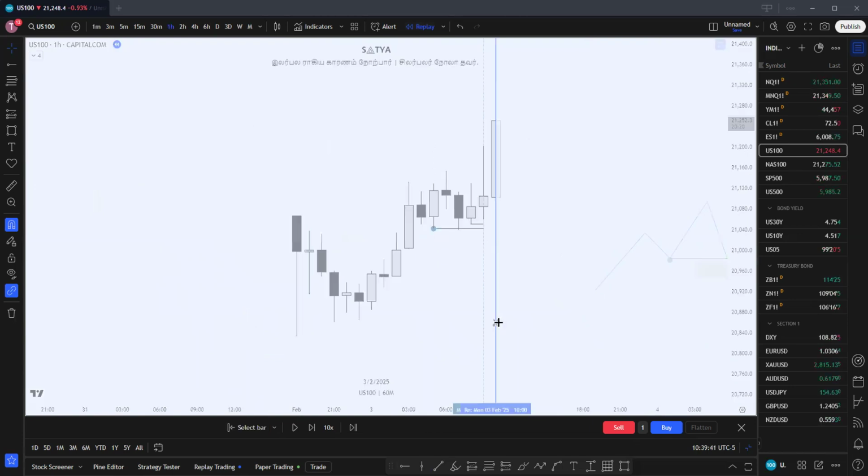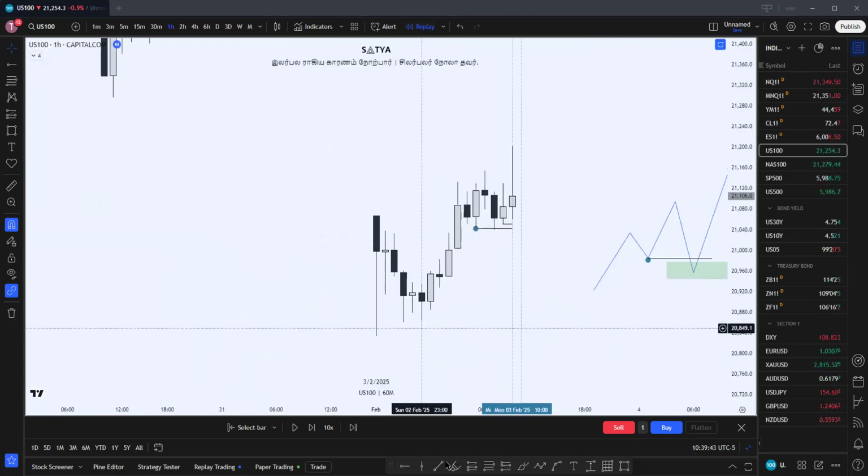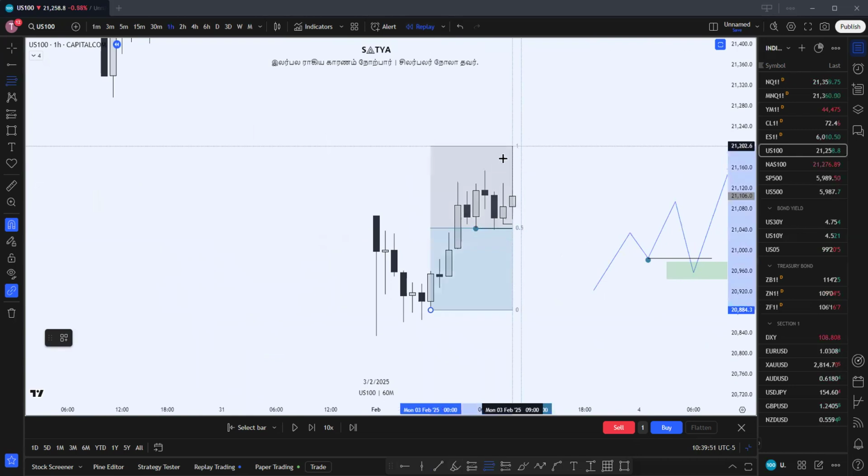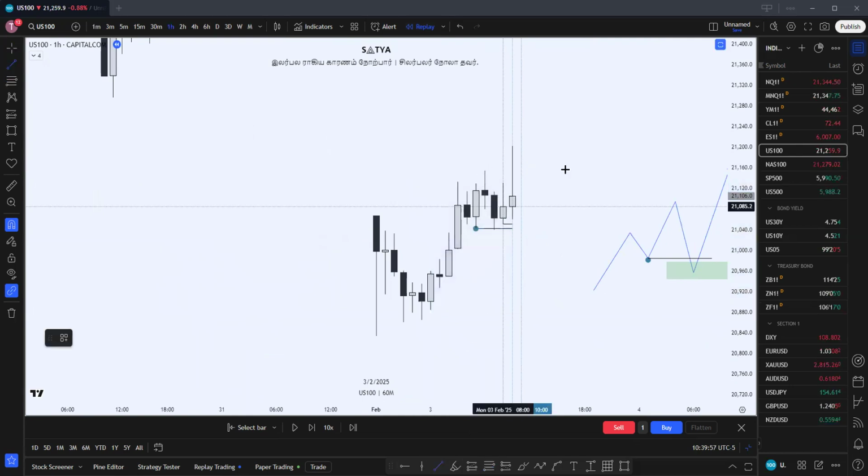See here, the recent manipulation in the 1 hour to the current manipulation here. See, there is a manipulation that happens.